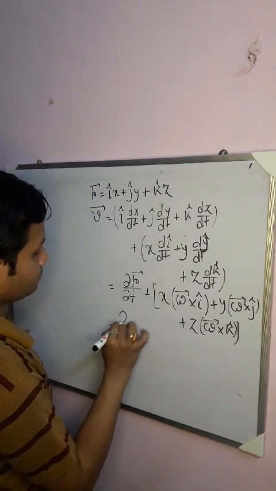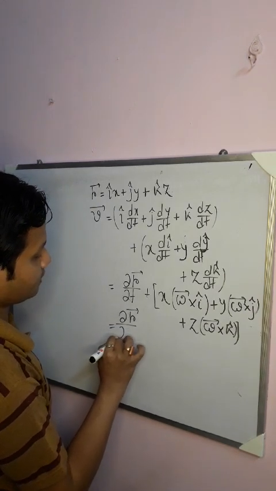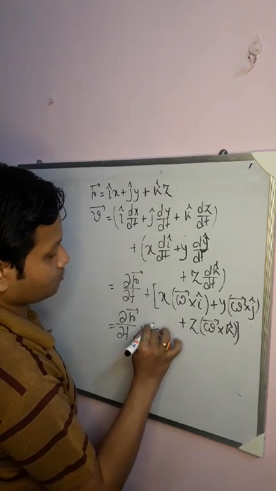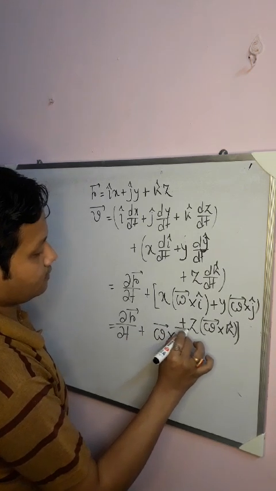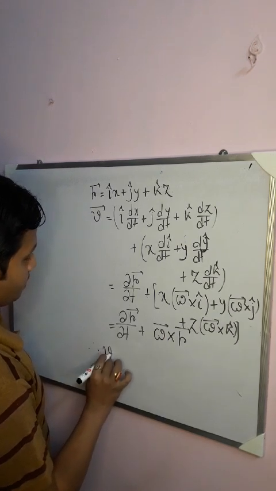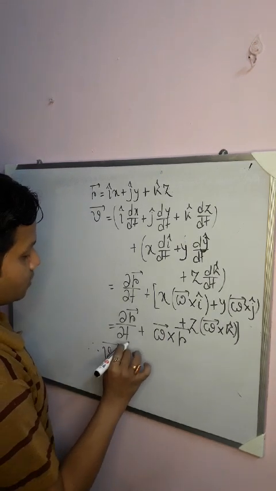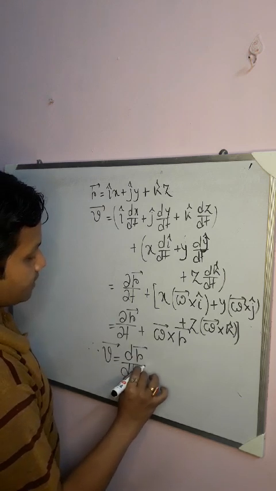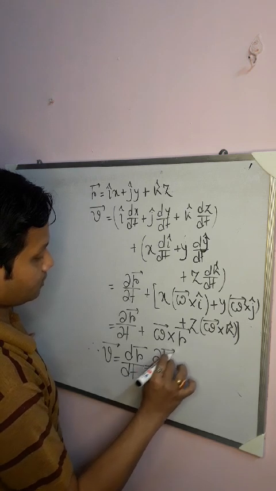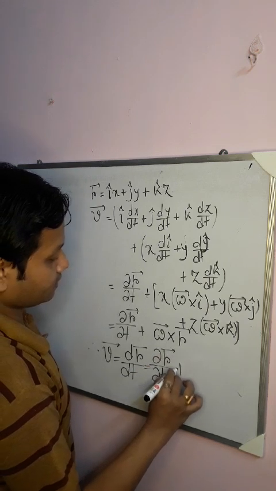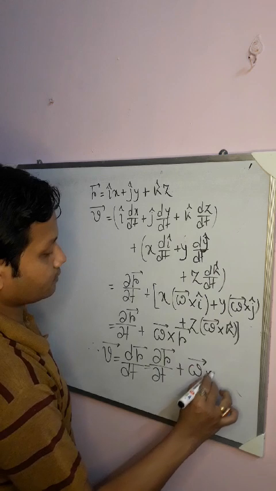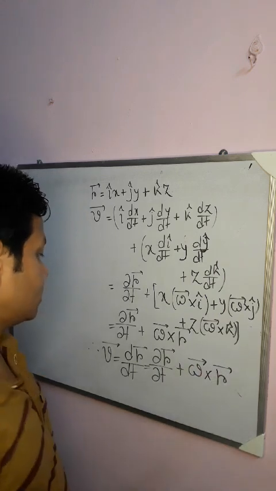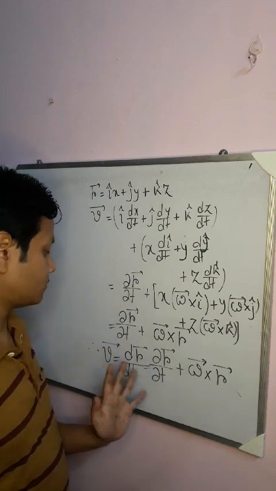So this is simply del r/del t plus omega cross r. So clearly the velocity of the particle relative to S frame, that is dr/dt, can be written in this way. So this is the velocity of the particle as observed from S frame.